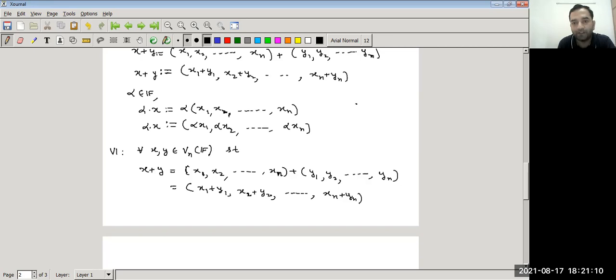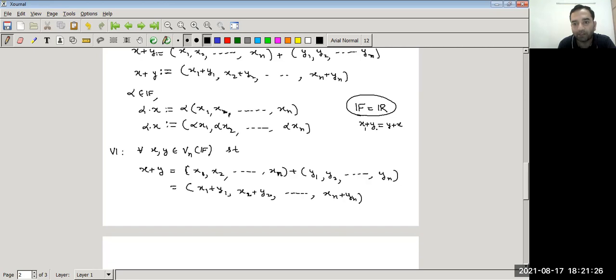If we take the field over the real numbers R, the field is the set of real numbers. We know that in the real numbers, the sum of two real numbers x plus y is equal to y plus x.